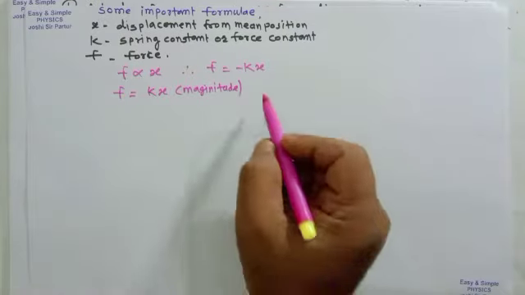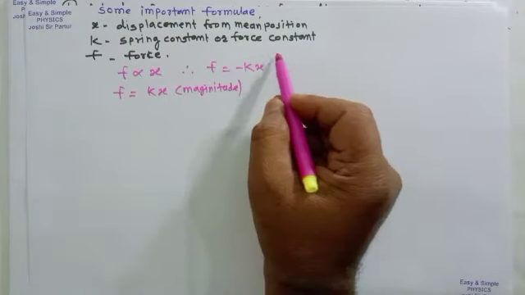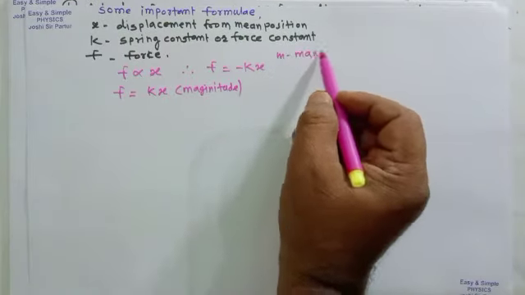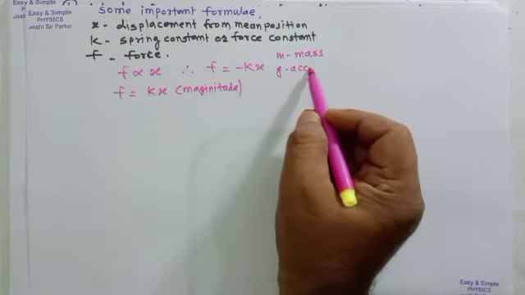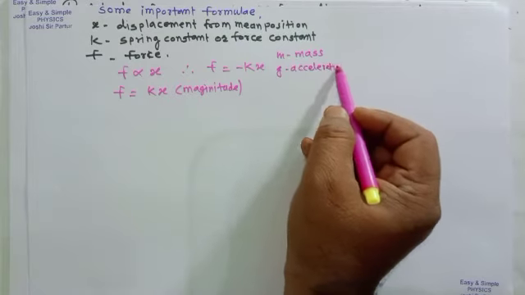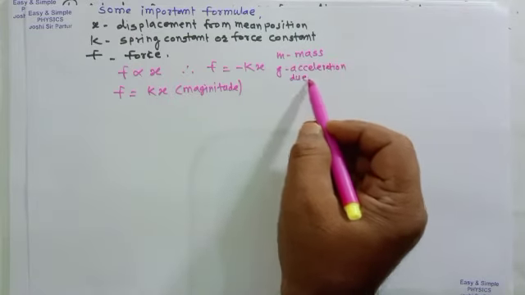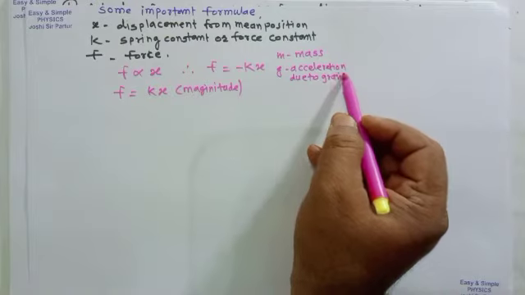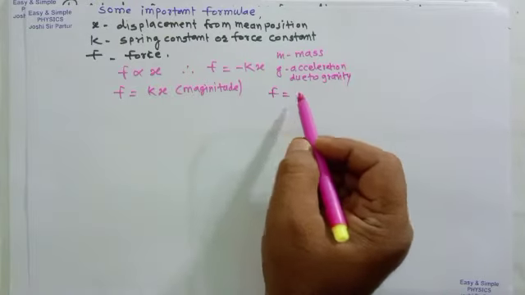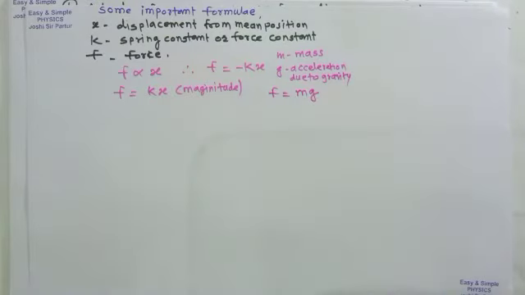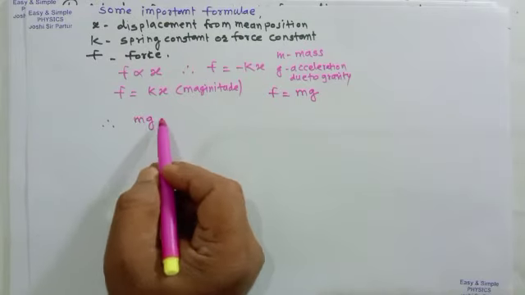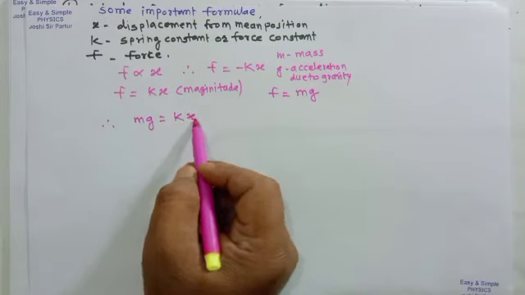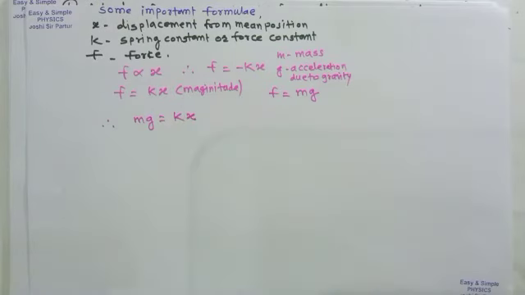We know that if m is mass of a body and g is acceleration due to gravity, so F is equal to mg. Therefore, mg is equal to kx.